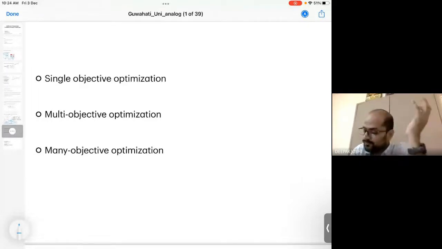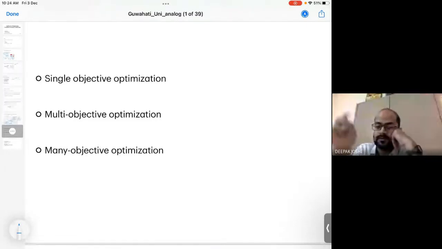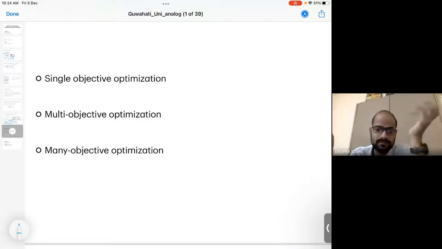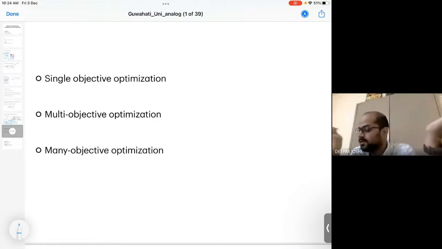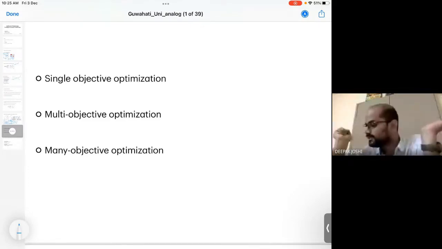So such optimization methods provide a single output. They provide us the single output, and then we can cross check it on the CAD tool and proceed in the design after that. So this is one way.